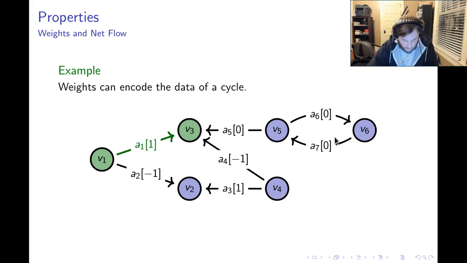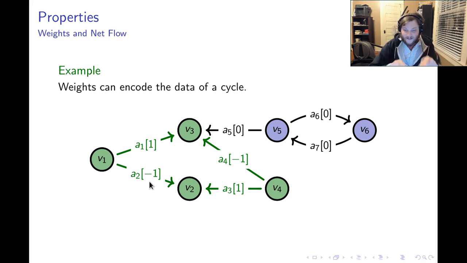So following that path, again, V1 to V3 with A1, so we pick up a 1 here. V3 against A4, so we pick up a -1 here. V4 to V2 with A3, so we pick up a 1 here. And then V2 back to V1 against A2, so we pick up a -1 here.